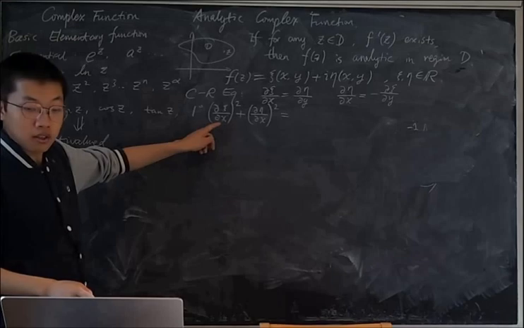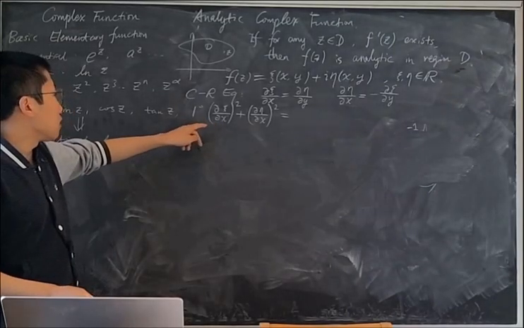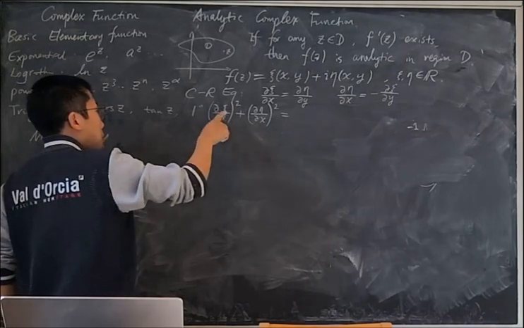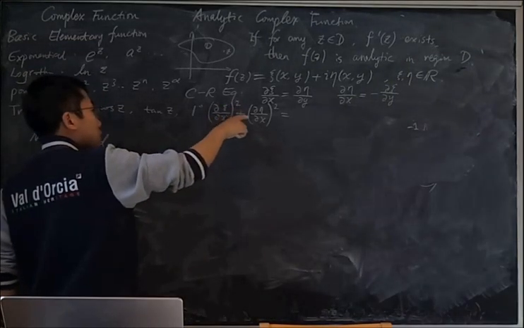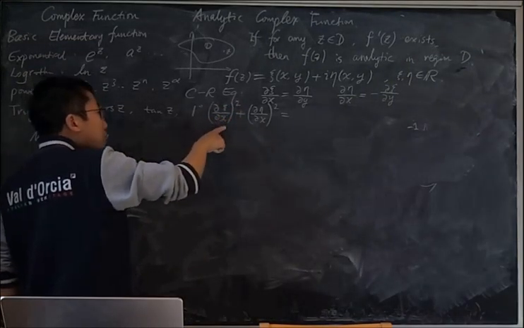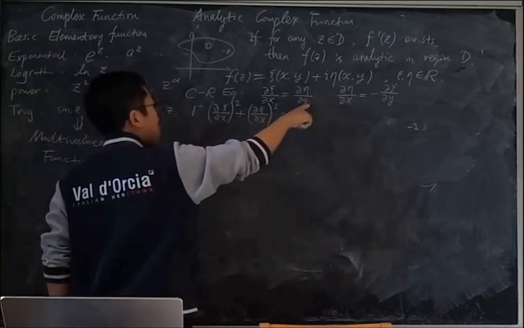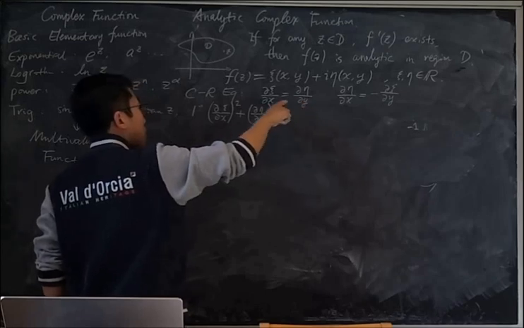Let's see. This partial cosine over partial x squared can be replaced by partial eta over partial y squared.